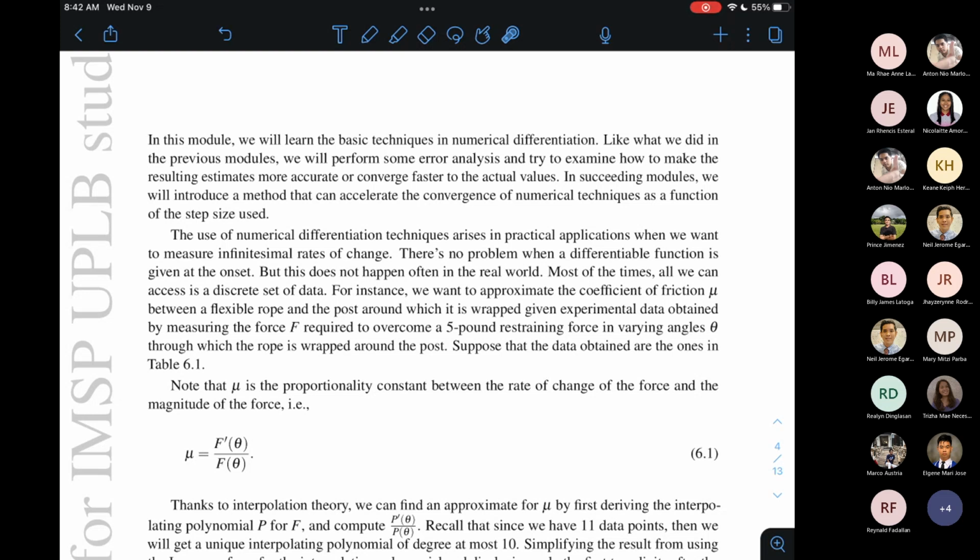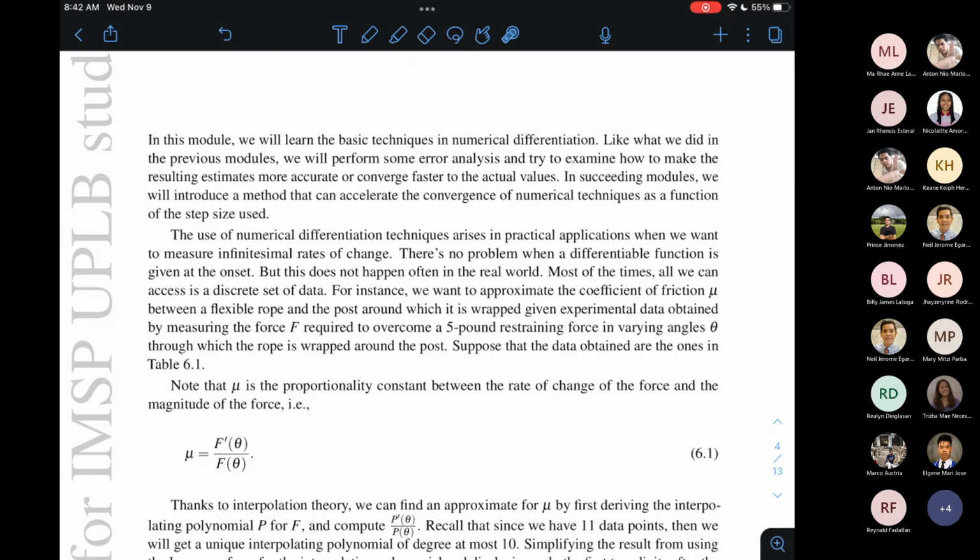So kapag meron kang function, however complicated it is, as long as you have your differentiation formulas with you and you remember the basic differentiation rules, then just with a pinch of patience, you will be able to find the derivative, right? Pero ang problema, katulad nung nakita natin sa interpolation, yung nakukuha naman nating data sa totoong buhay ay hindi function kagad.